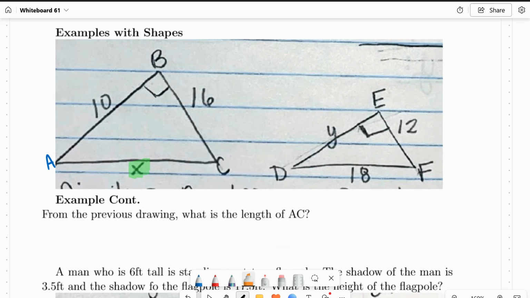As you can see, we have a right angle here by our point B and our point E. So that tells us that AC and DF are our similar sides.